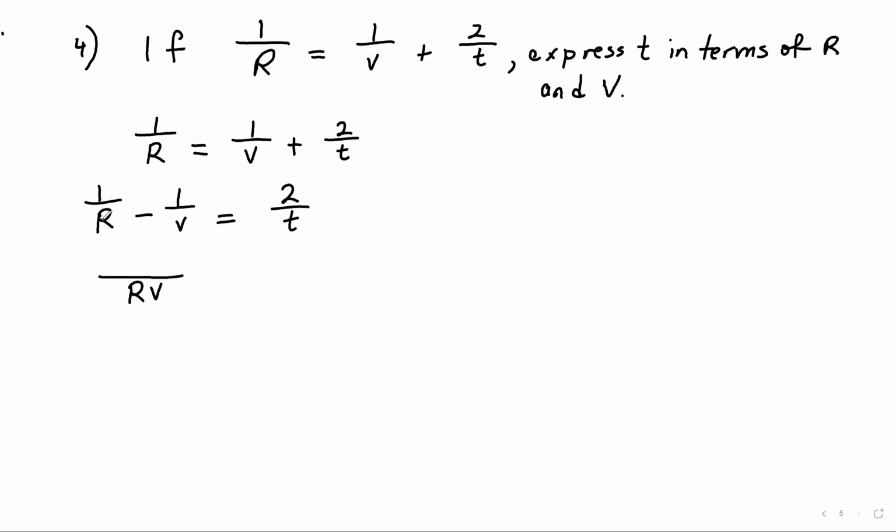And then just like with regular fractions, you'll say R could go into RV, V times, so the numerator will be 1 times V, so this will give you V. And then you'll say V could go into RV, R times, so you multiply 1 by R to get R. And that is how you would simplify an algebraic fraction. All of this is equal to 2 over T, right?